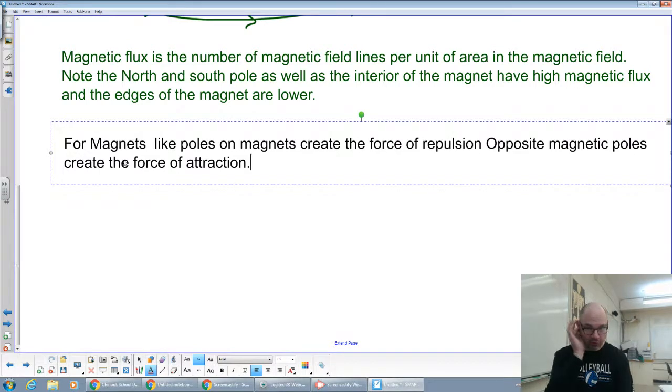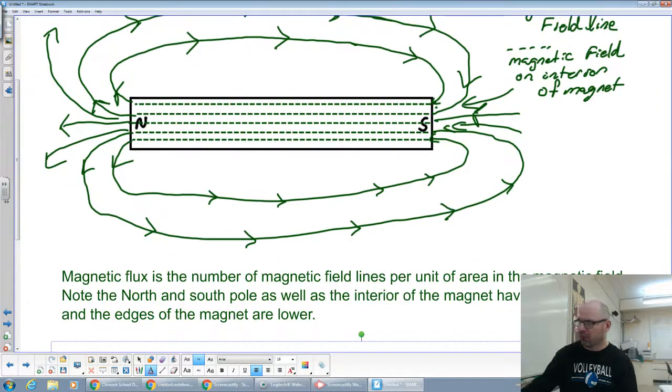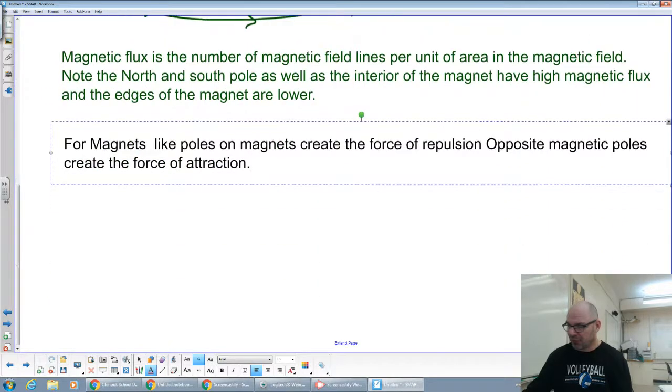So if you were looking at a bar magnet like this, where magnetic force is coming out of a north pole and going into a south pole, that's why they attract. Let me draw a little diagram here.